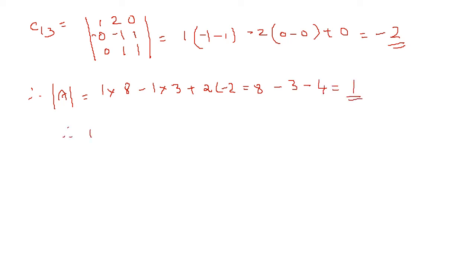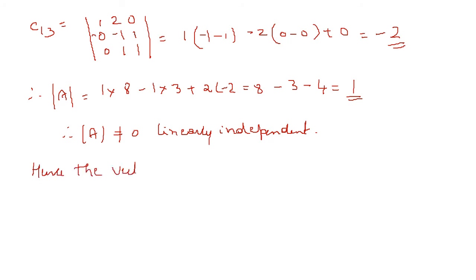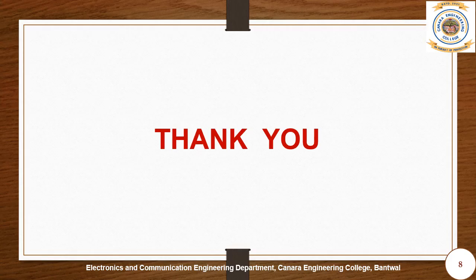So therefore determinant of A is not equal to 0, hence they are linearly independent, and hence the given vectors span R to the power of 4. Thank you, students.